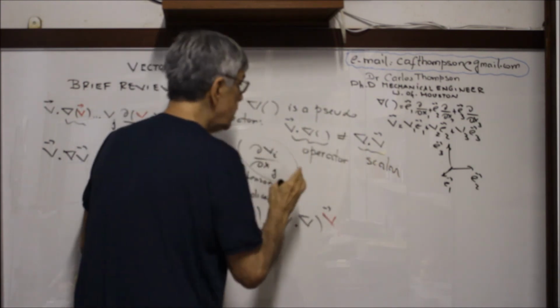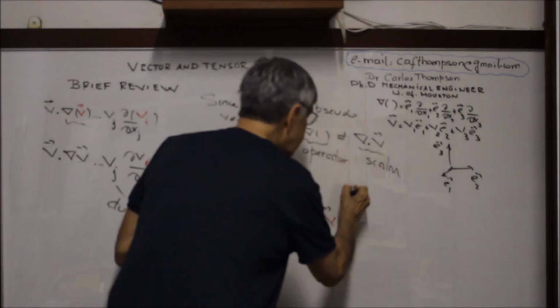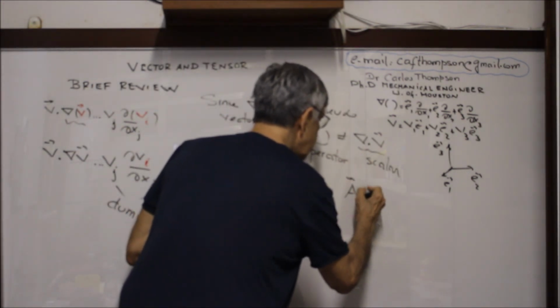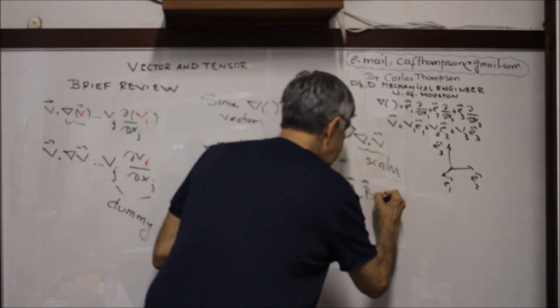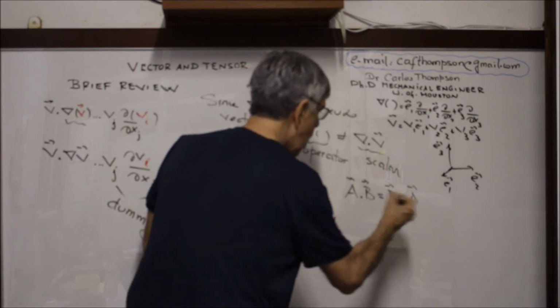Don't confuse them, because sometimes you confuse. When you have a dot product A dot B, this is equal to B dot A. Why?